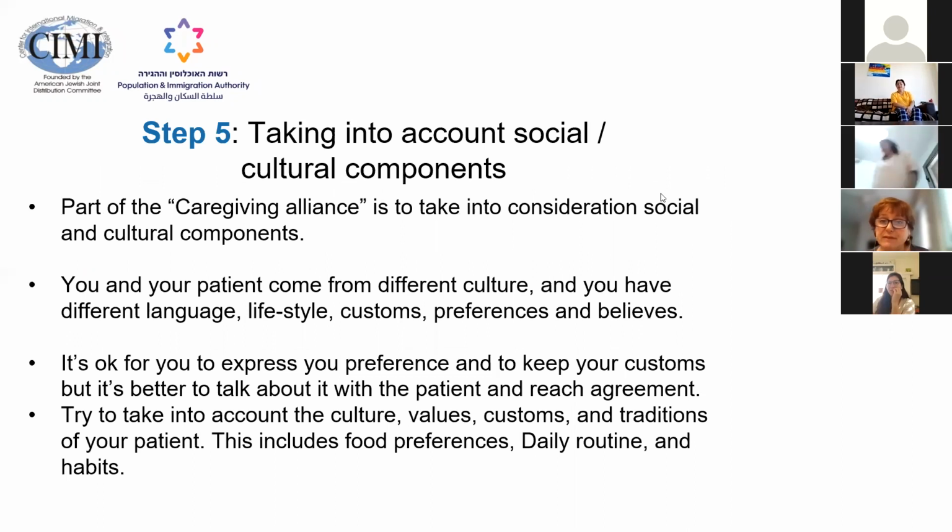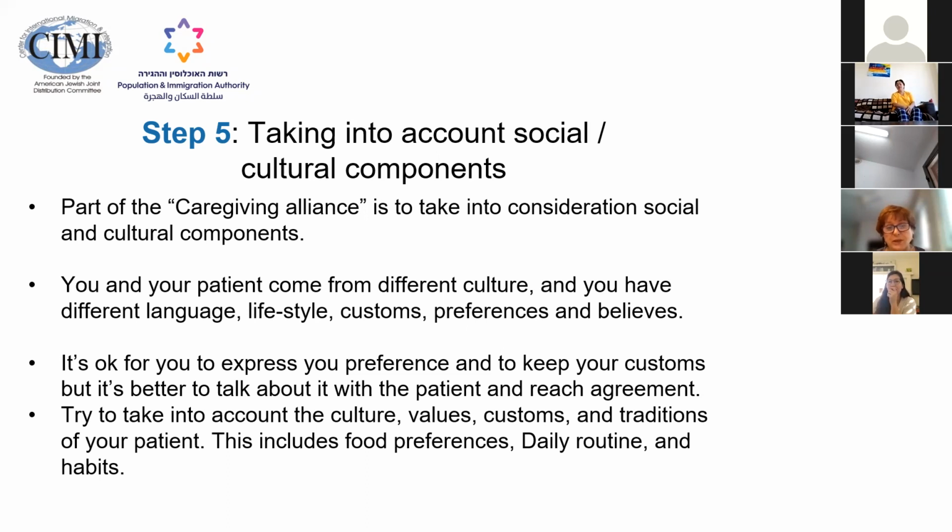Step number 5, taking into account social and cultural components. Okay, and this is the big deal here. Part of the caregiving alliance is to take into consideration social and cultural components. You and your patient come from different cultures, you have different language, lifestyle, customs, preferences, and beliefs.